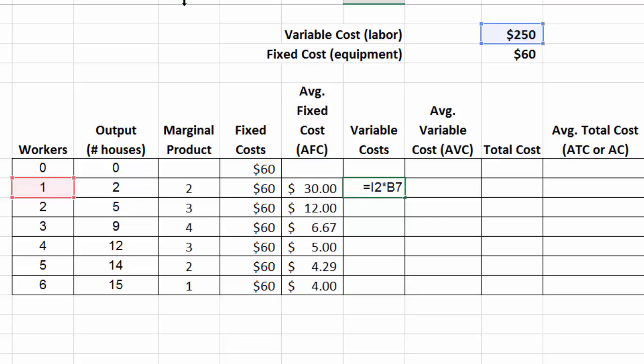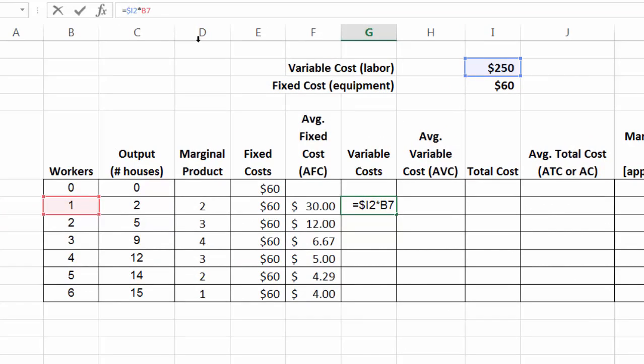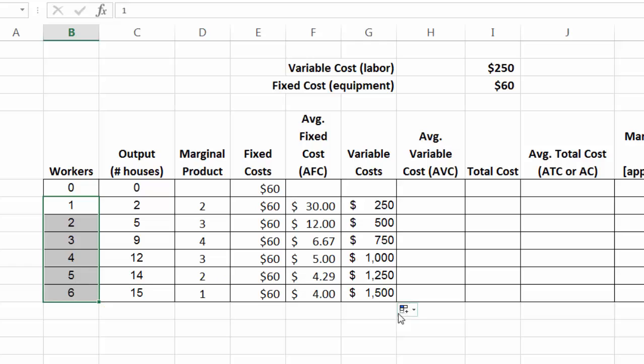And to make it able to slide down, I'm going to just lock the cell reference. Alternatively, we could just hit equals 250 times that cell, either way, and then fill this down. And you should see this marches up $250 at a time, as we would expect, because we're adding one worker at a time here in this table.